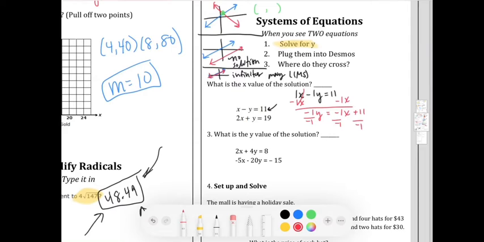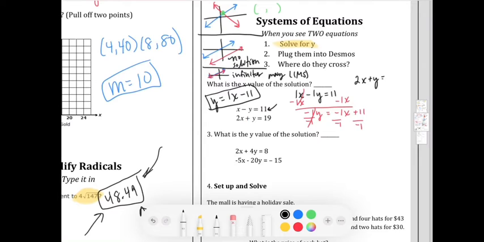That leaves me with a negative 1y equals negative 1x and a positive 11. To get y by itself, I divide everything by that negative 1. So that leaves me with y equals negative 1 divided by negative 1 is positive 1x. 11 divided by negative 1 is a negative 11. So my first one is now ready to graph in Desmos.